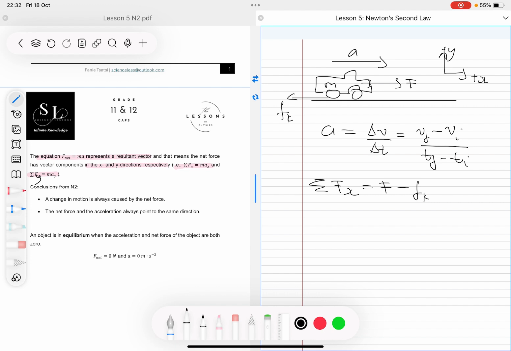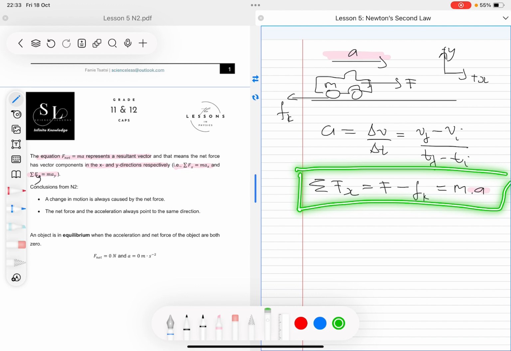According to Newton's second law, this net force, which is the difference of these two forces, is equal to the mass times the acceleration. The acceleration we're referring to is the acceleration in the x direction, the horizontal direction, the acceleration that the object has as it's moving in that direction. So I've applied Newton's second law in the x component.